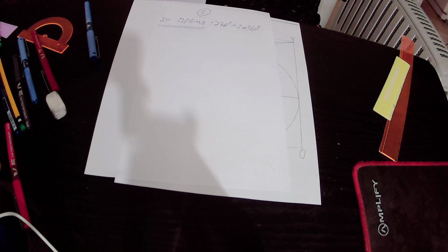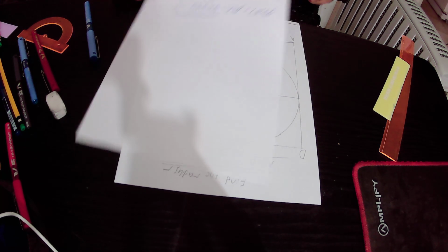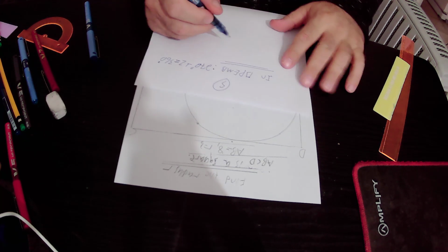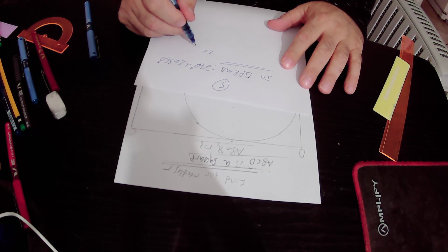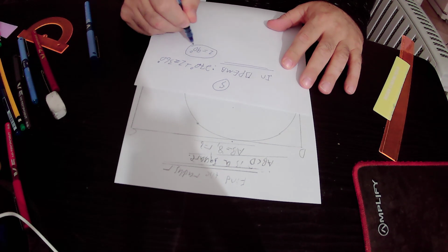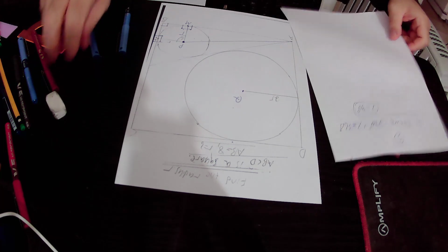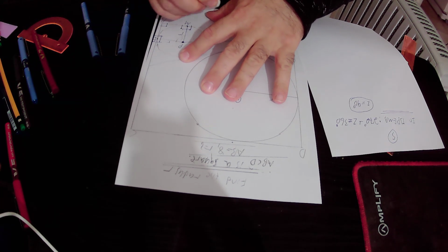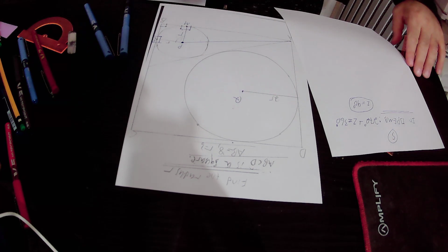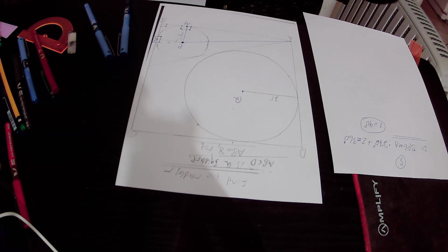Here we will subtract 270 degrees from this equality, and we will get that angle Z equals 360 degrees minus 270 degrees equals 90 degrees. So we found out that angle Z is a right angle. We write here that angle Z equals 90 degrees. It is a right angle.